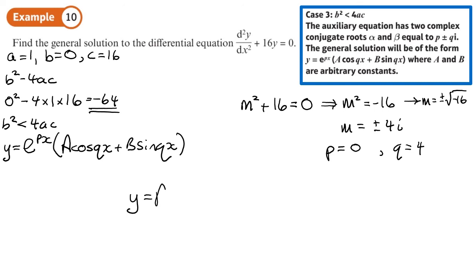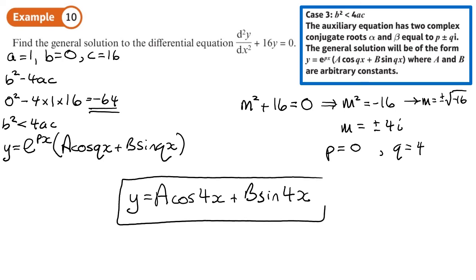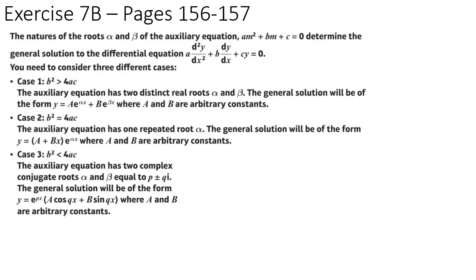We can just write down a cos 4x plus b sine 4x. Right, you should now be able to do exercise 7b on pages 156 to 157.